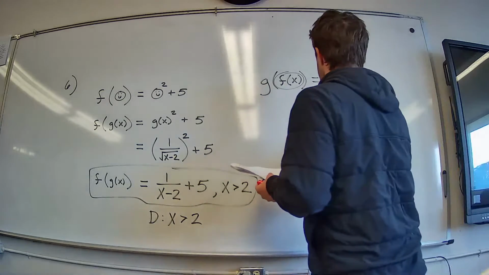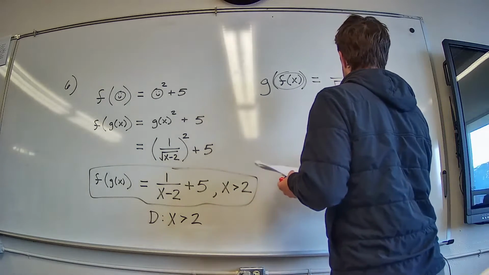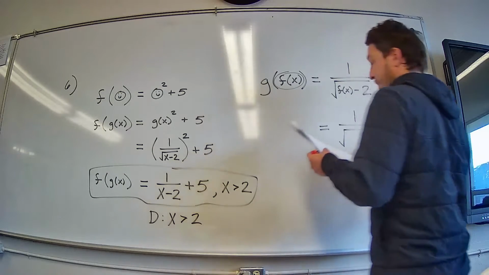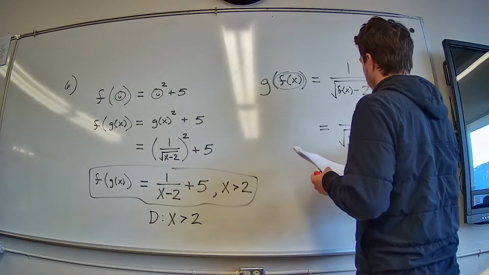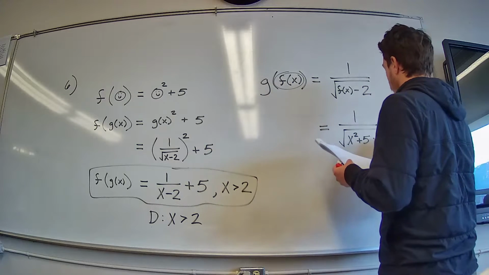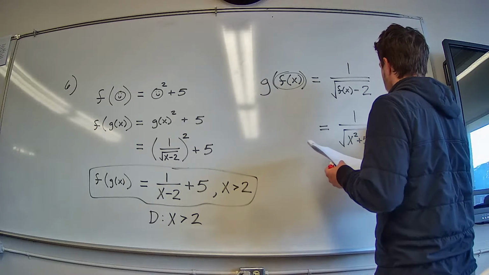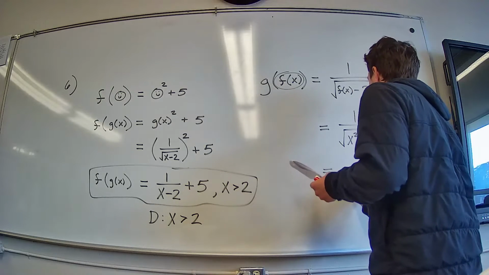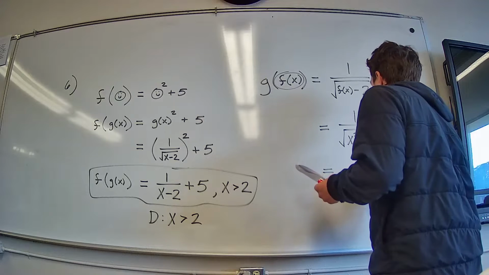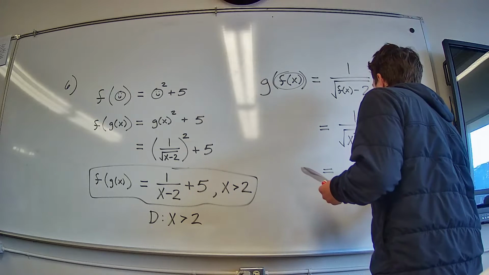Okay. So it's 1 over the square root of x squared plus 5 minus 2, which is 1 over the square root of x squared plus 3.